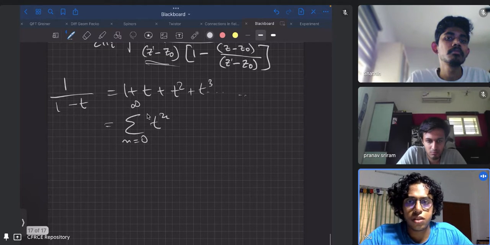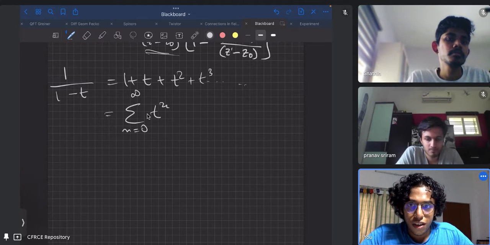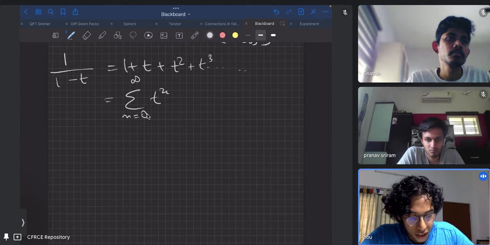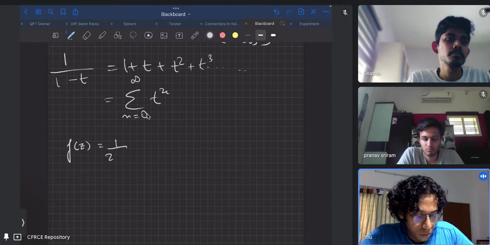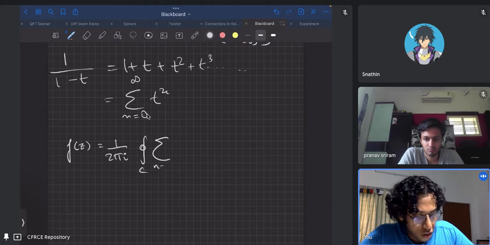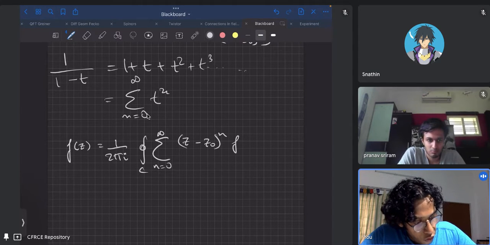Here's the tricky part. f of z is equal to 1 by 2 pi i integral over the summation of n is equal to 0 to infinity, then we have z minus z naught to the power of n, f of z prime dz prime.